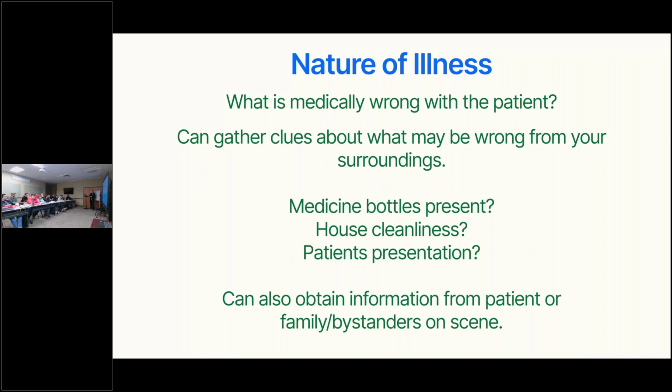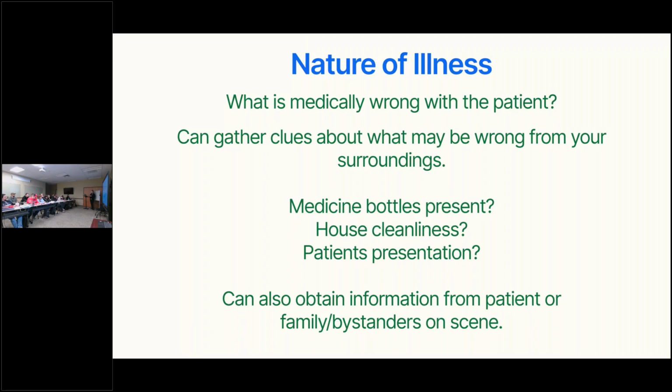And then also the patient's presentation. That'll be something we talk about, I think, in the next chapter, our general impression of the patient. But looking at that can also give us clues on what our nature of illness could be. We can also obtain some information from the patient if they're alert, obviously. We can ask, hey, what's going on today?